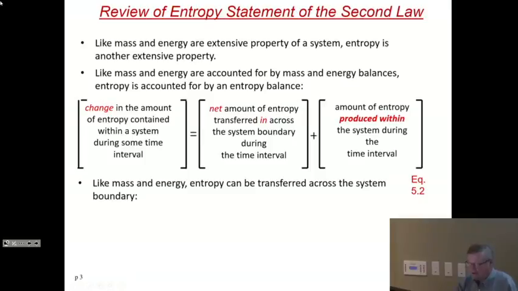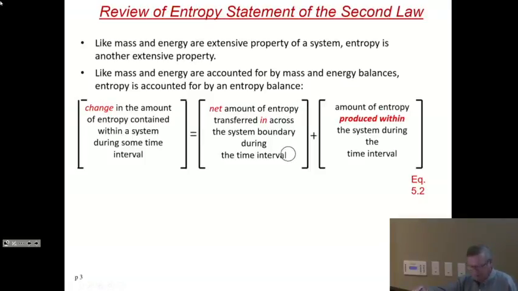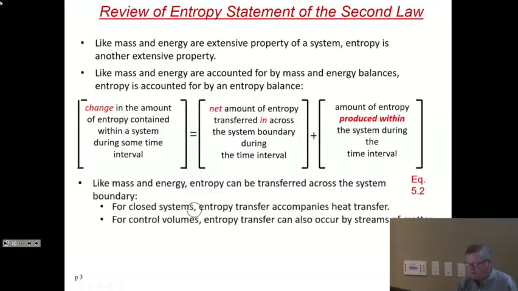So, like mass and energy, entropy can be transferred across the system boundary. For closed systems, the entropy transfers are accompanied by heat transfer, just like we had for internal energy. When you have control volumes, entropy transfer can occur by heat transfer, but also by entropy that comes in and out of the system through streams of matter, just like we did.